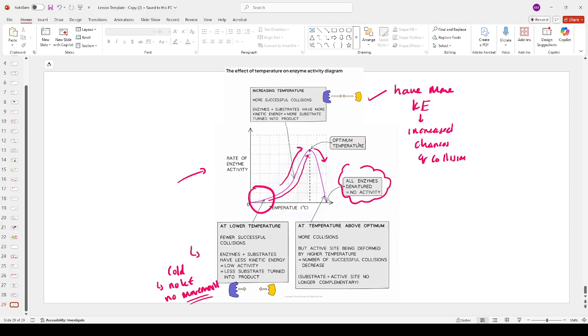When you get to the high temperature, it's different. These are not the same, okay? Here it's denatured, so it's irreversible. Whereas here, you just need to increase the temperature. Does that make sense? Do they denature in the cold? No, they just denature at high temperatures.